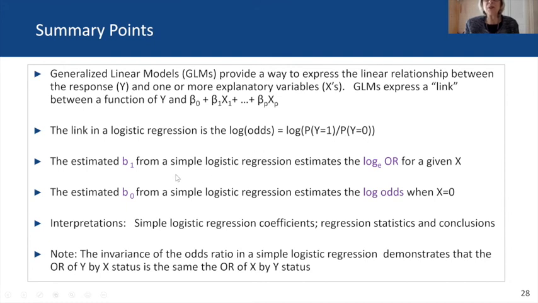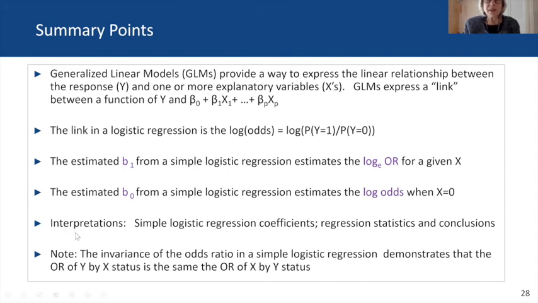For a simple logistic regression, we saw that the estimated B1 estimates beta 1, the log odds ratio of the outcome in one group versus another by level of X. The estimated B naught, which is estimating beta naught, estimates the log odds of the outcome when X takes on the value of 0.